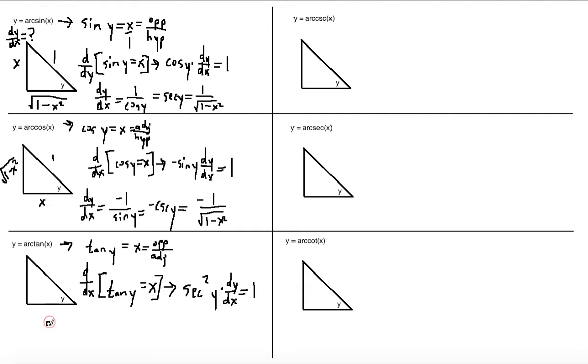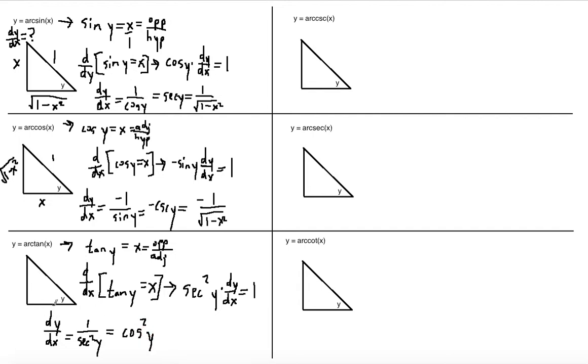So our derivative is going to be the same thing as 1 over secant squared of y, which is the same thing as cosine squared of y.